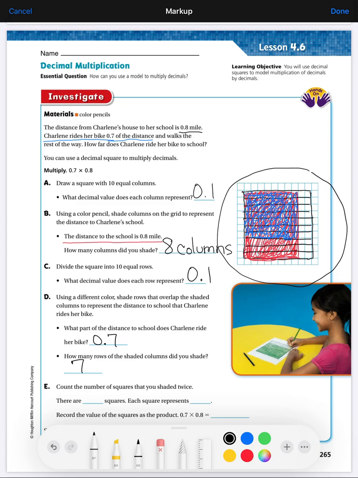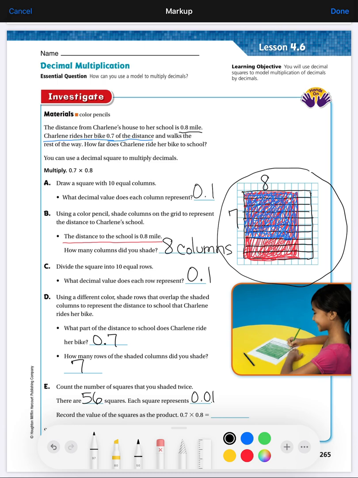Okay, so the number of squares that I shaded twice, and I can look at that and I can go, okay, I shaded 8 across and 7 down, and I'm actually going to write that, 8 across, 7 down. 8 times 7 is 56. So there are 56 squares. And each square represents 0.01, which is 1/100th of that entire picture.